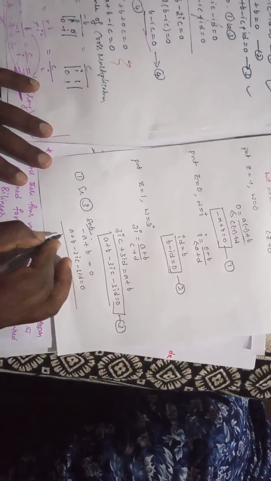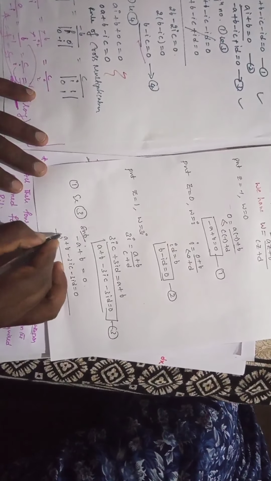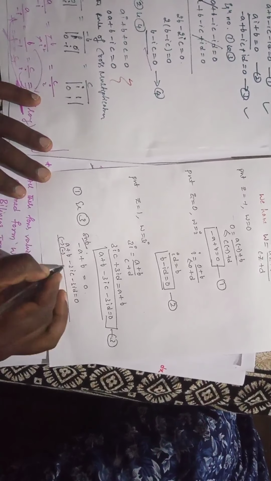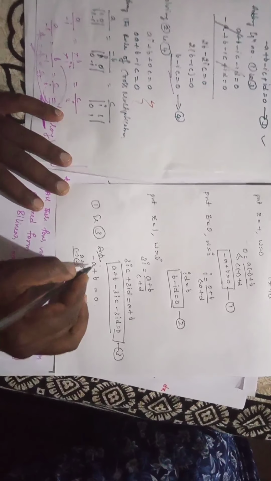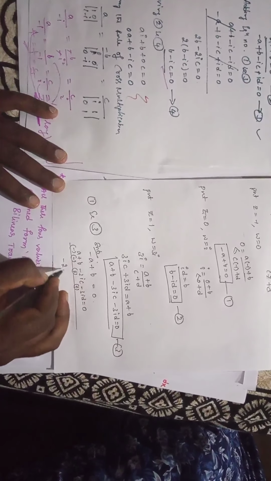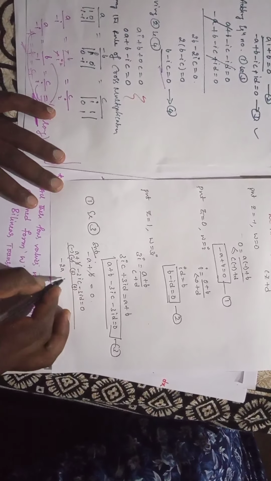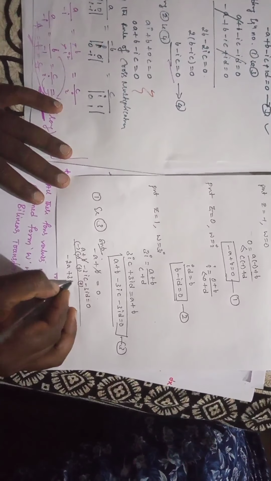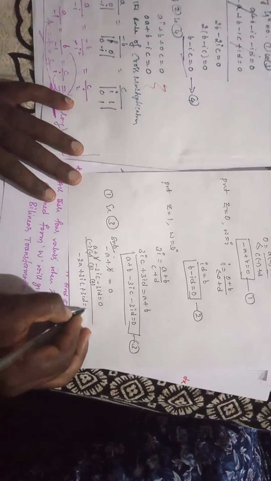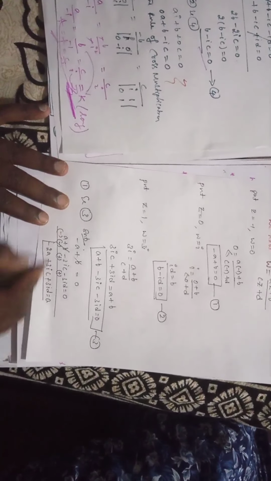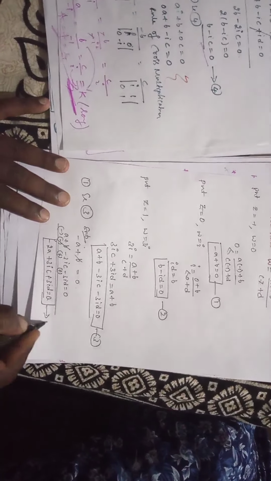This becomes minus, this also becomes minus, this becomes plus, this becomes plus. So minus 2a, plus b minus b get cancelled, plus 3ic plus 3id equal to 0. Call it equation number 4.